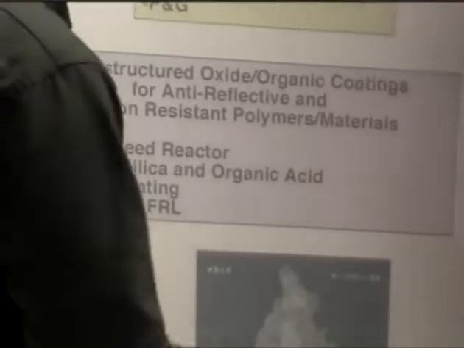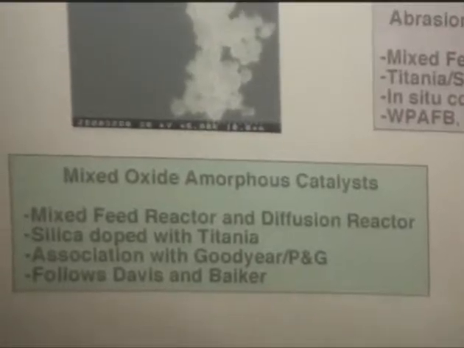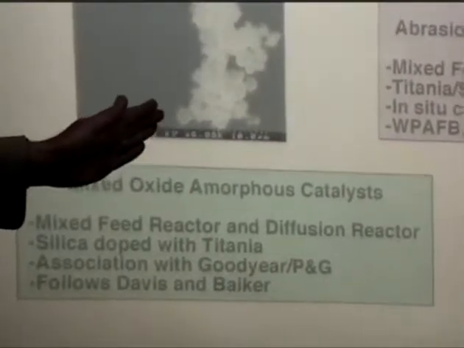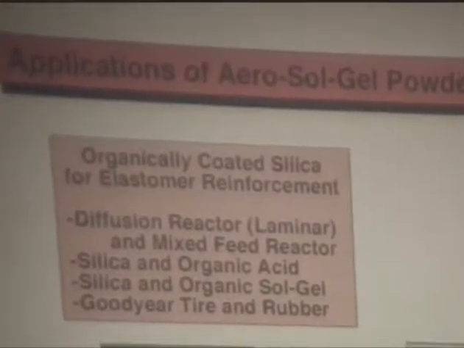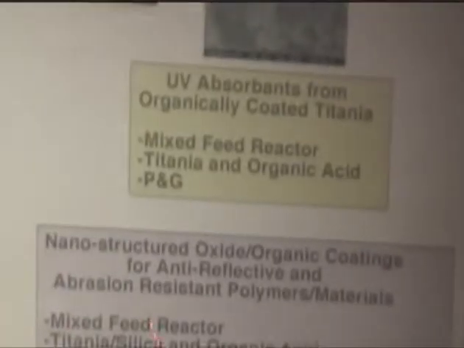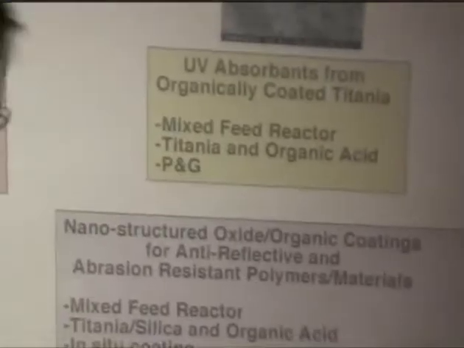P&G is also involved in this work, some of the chemists at Miami Valley. And we've been doing this process where you can put a substrate into the stream and make anti-reflective coatings for plastics and for metals. The coatings for metals aren't for optical properties. So that's pretty much what's going on here.